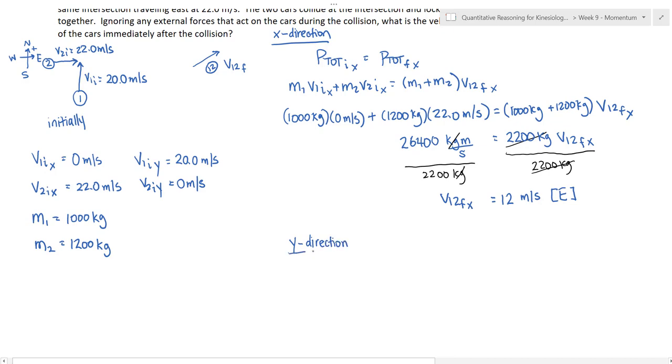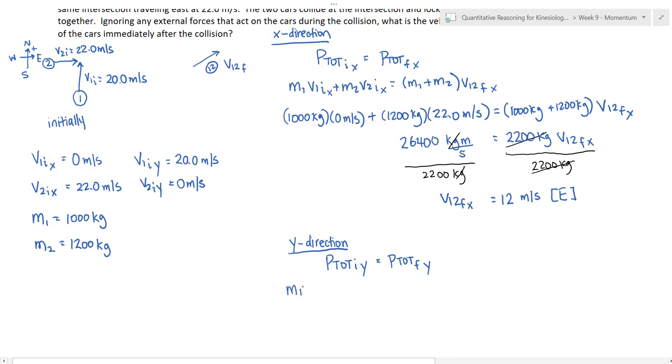So the formula is exactly the same. We have P total initial x equals P total final x. Sorry, this time we're doing y. So these are y's.